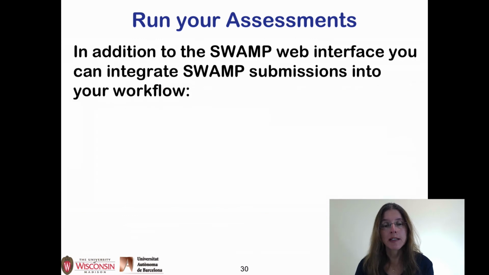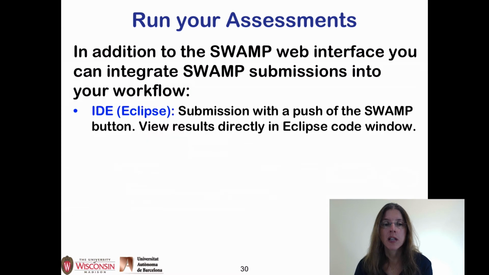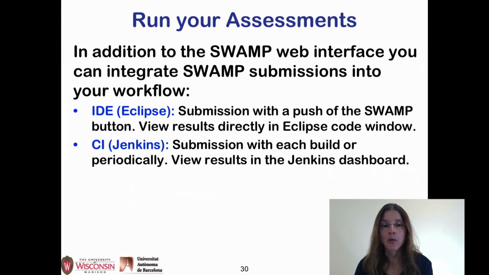A bit more on possibilities for running your assessments. Apart from submitting them directly through the SWAMP website, like we just did, you can use an IDE, Eclipse. In this case, the submission is by pushing the SWAMP button in Eclipse, and you view the results directly in an Eclipse code window. Another way to submit jobs is through the continuous integration tool Jenkins.